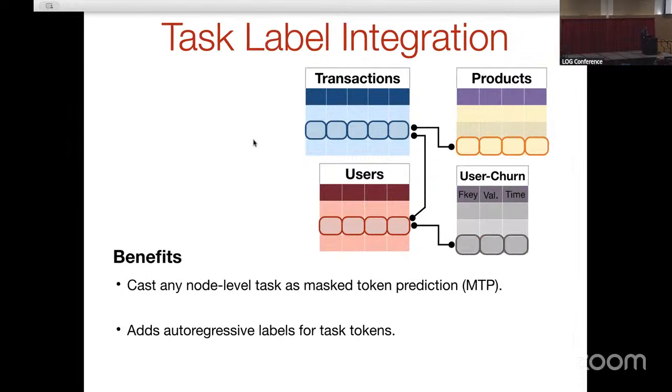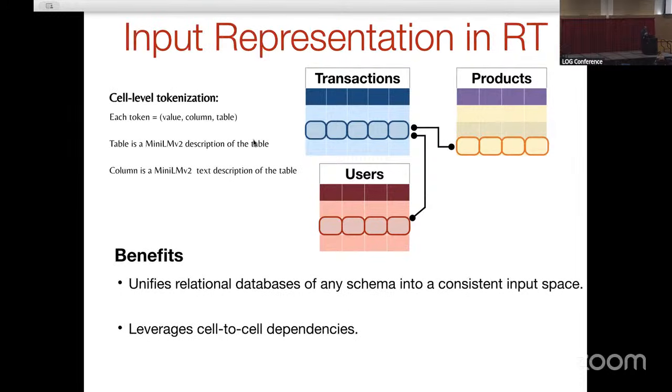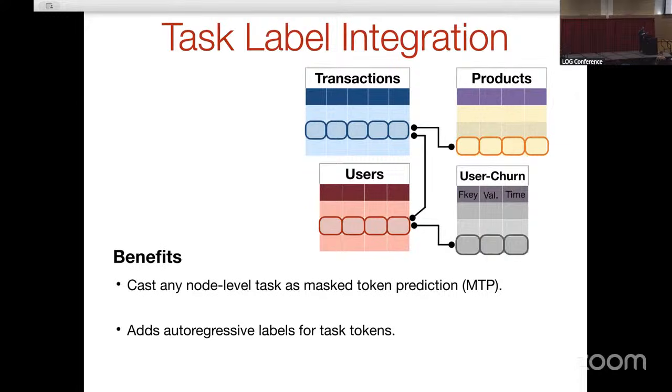Now, what is the benefit of this representation? It unifies relational databases of any schema into a consistent input space. And the second cool thing is that we can leverage cell-to-cell dependencies, which in some cases can be important. So that's how we represent each token in this transformer.